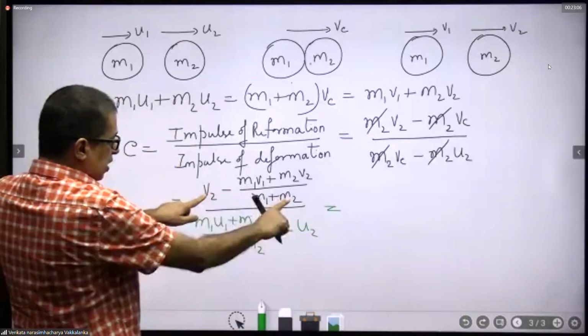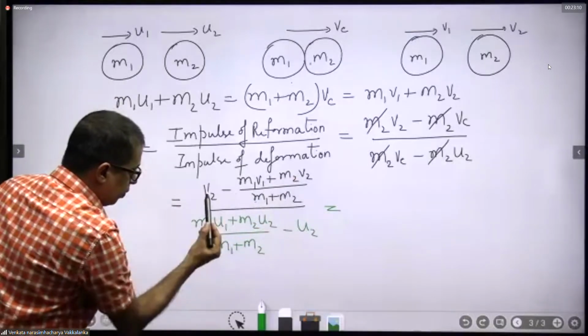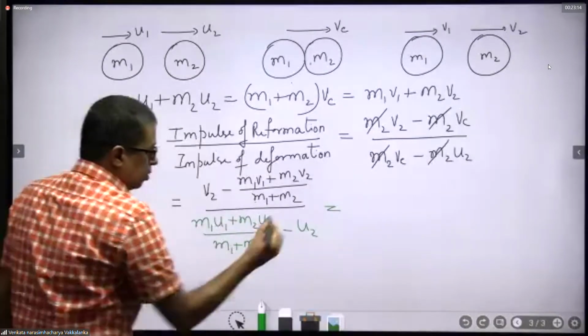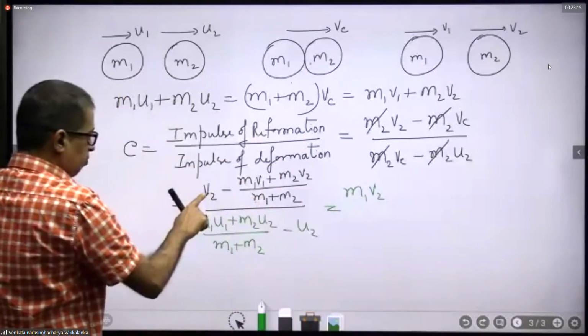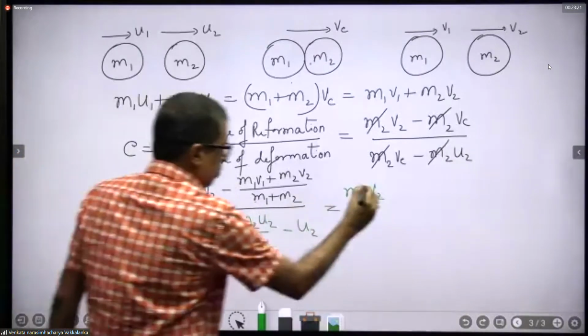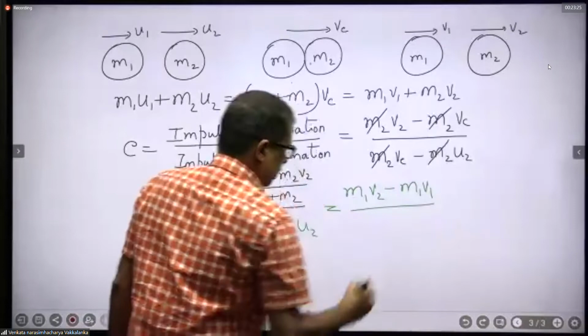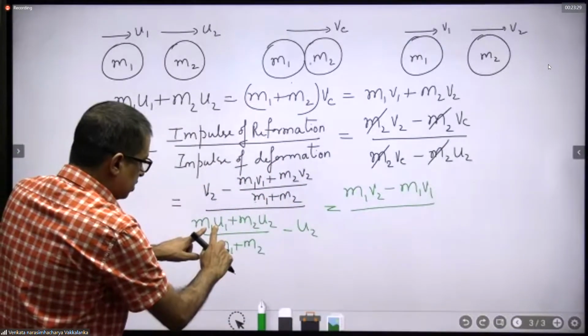M1 V2 will survive, but M2 V2 and M2 V2 will get cancelled. Have a look at it. M2 V2 minus M2 V2. Agreed? Yes, sir. So M1 V2 minus M1 V1 upon, have a look, M1 U1 will survive.